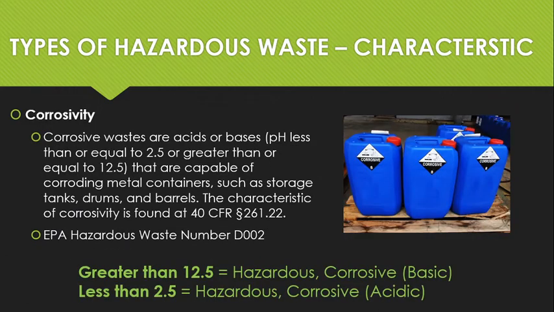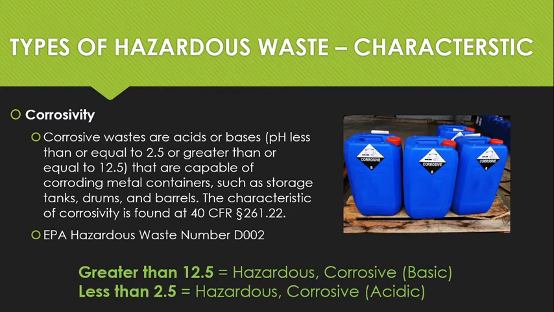So the next one is corrosivity. We deal with this one a lot, obviously, with a lot of our acids and bases. If you have a pH that's less than 2.5, or if it's over 12.5, then it's going to be considered a hazardous waste for corrosivity. Those are the two biggest things on there. Greater than 12.5, hazardous.